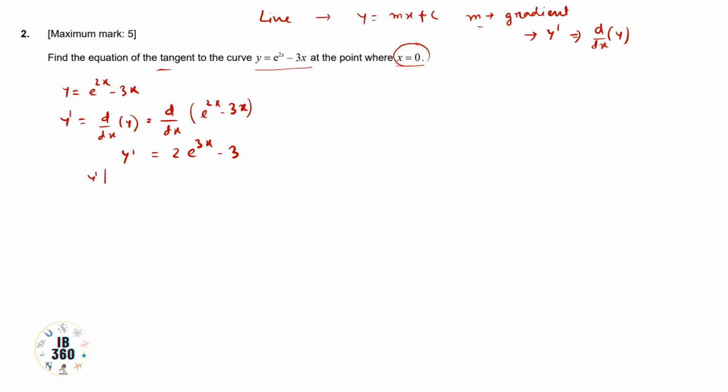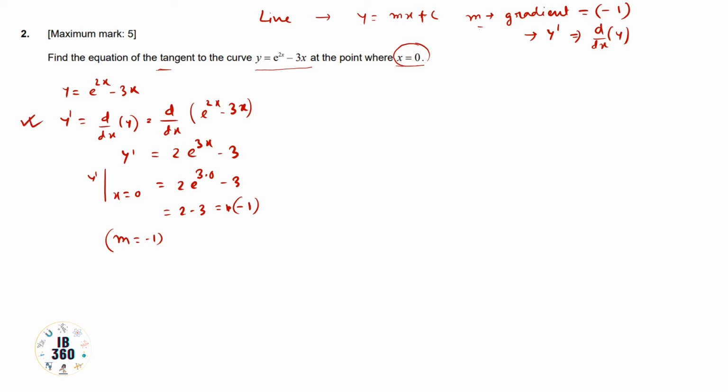So y dash at x equals 0 will be 2e to the power 2 into 0 minus 3, that is 2 minus 3, that is minus 1. Sorry, so that is minus 1. So m is minus 1. The gradient is minus 1.